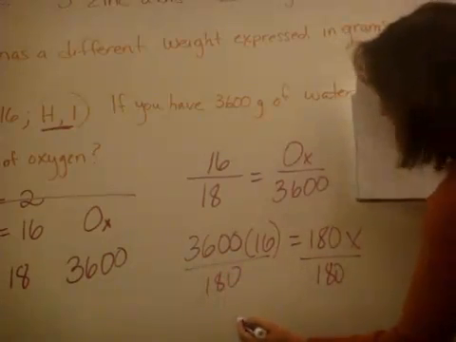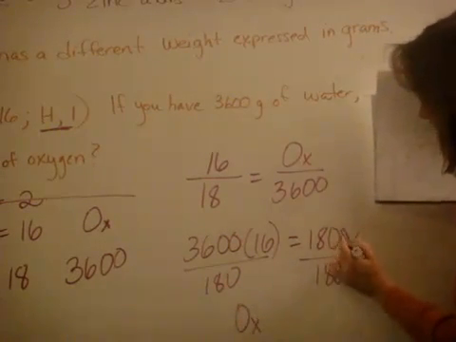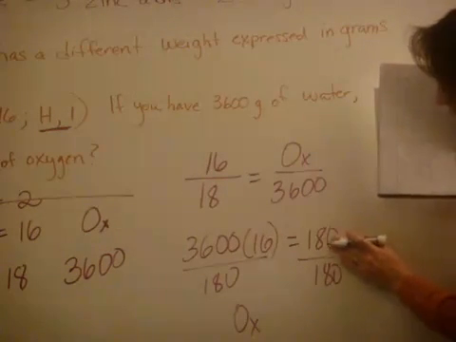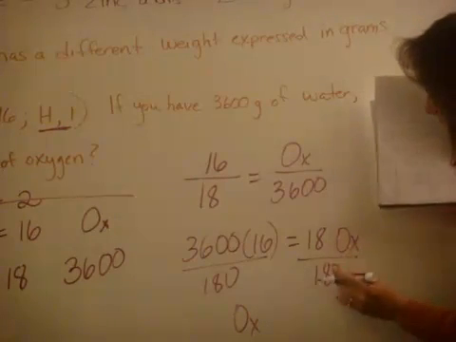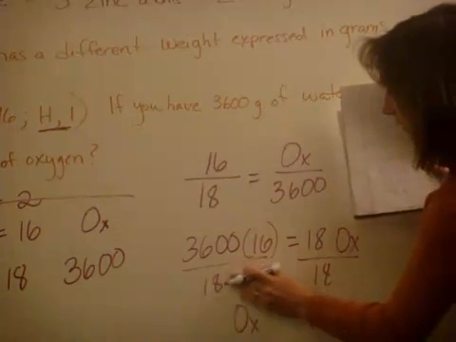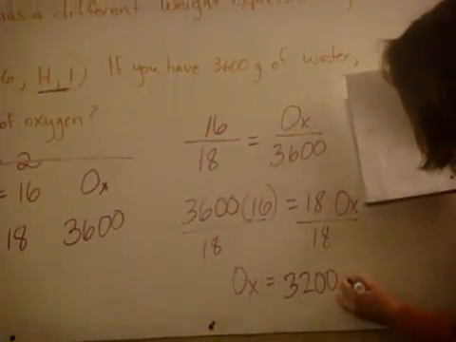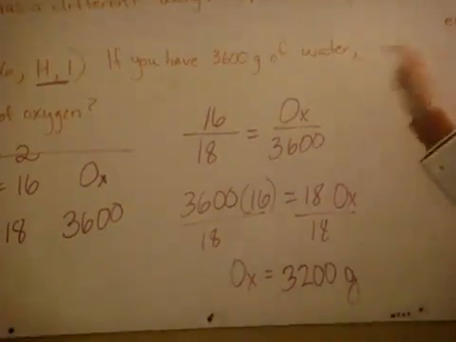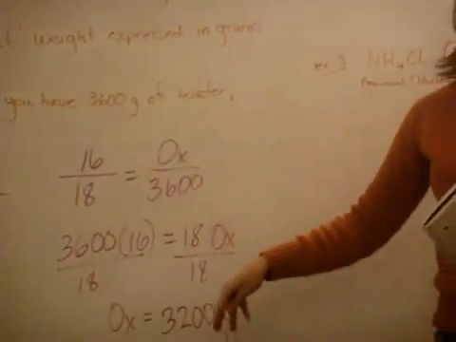And we would get that our oxygen equals 3,200 grams, just for our oxygen. Be careful with your O's because they can look like zeros. If you don't understand that one, we're going to try another one that's very similar.